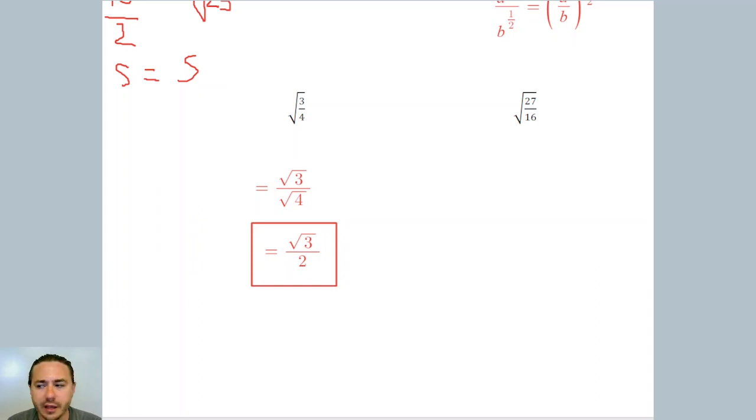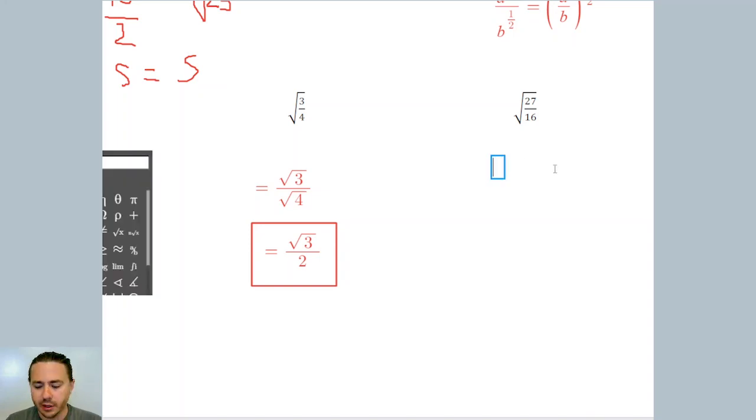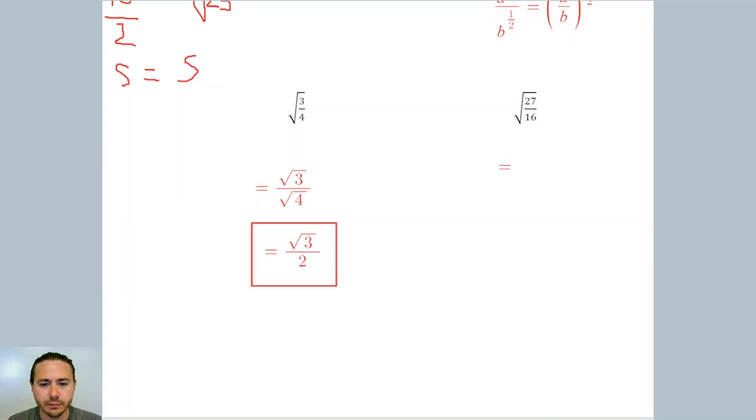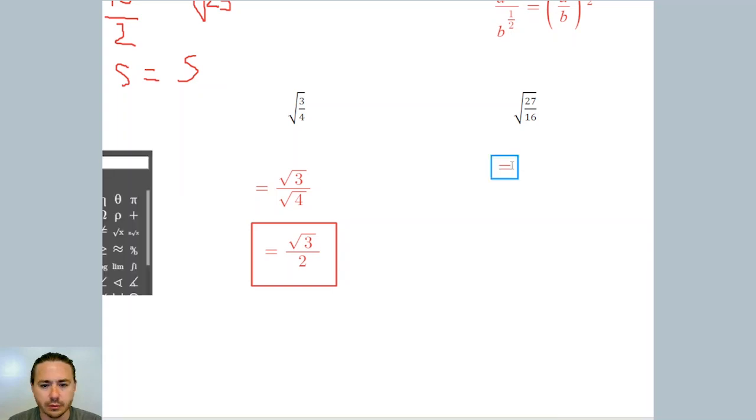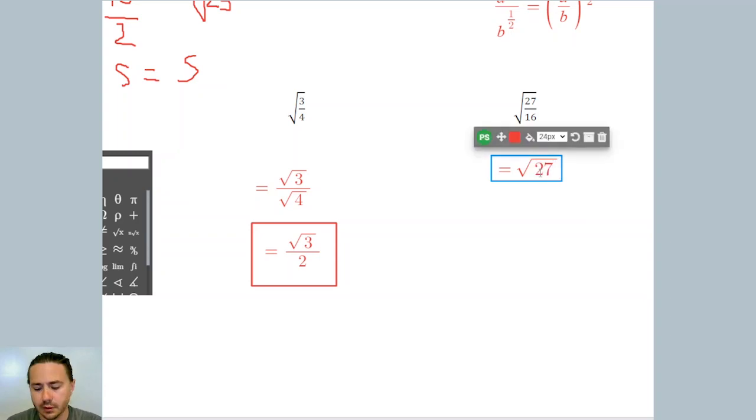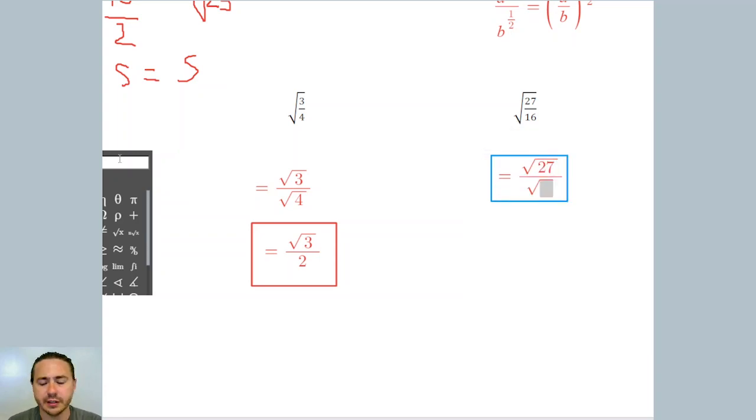Over on the second example, we can split it up first. Equals the square root of 27 divided by the square root of 16. Now we can simplify both of these. The square root of 16 is 4.